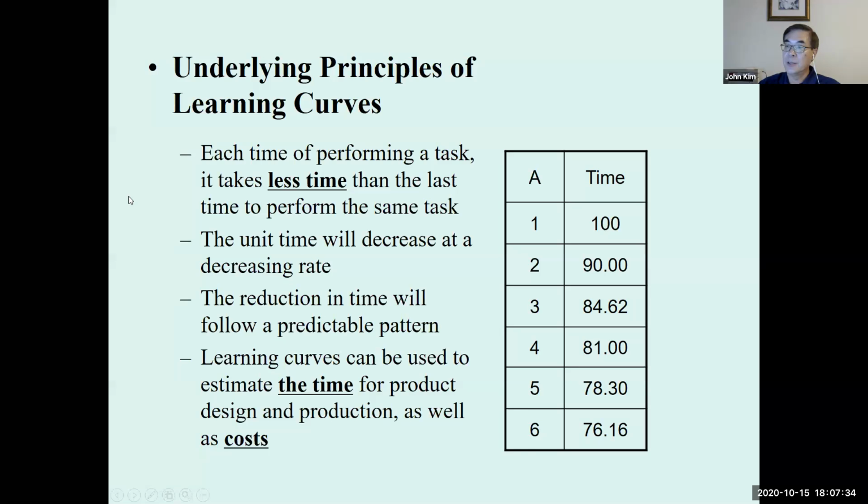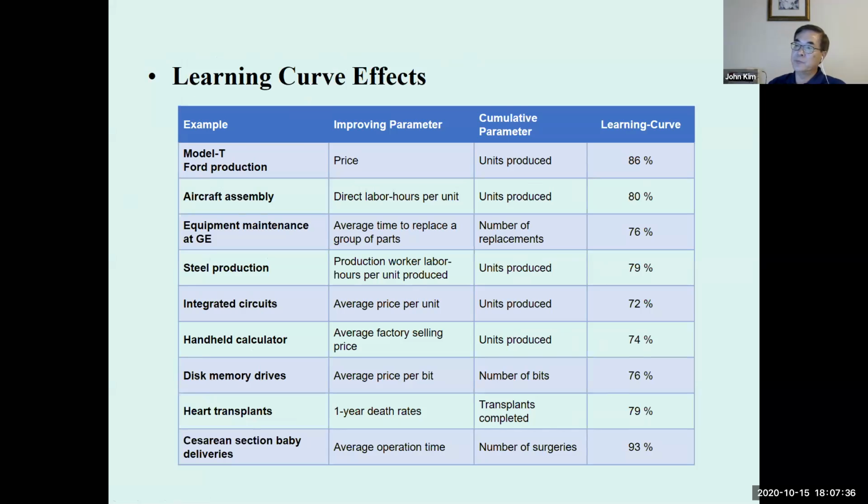Then in the real world, they use this learning curve. The learning curve effect, a very old example, is the Model T price, unit produced to price per unit, with an 86% learning curve.